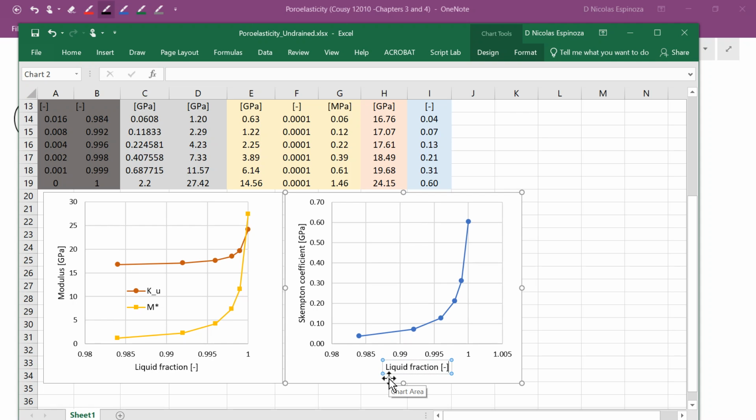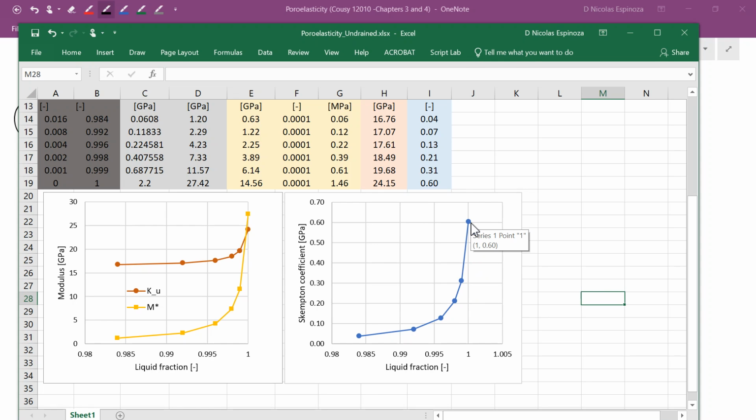And we use the Skempton parameter in order to tell if a sample has reached total saturation or not. Because when it's far from full saturation, that impacts significantly on the undrained bulk modulus and also on the P wave velocity that we measure in such a sample.